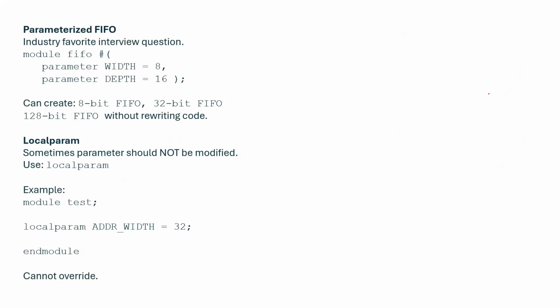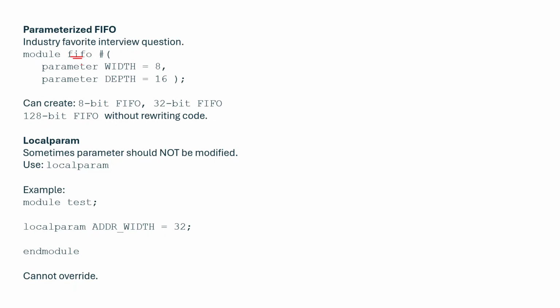In the same way for FIFO, I'm also using width and depth here. Same width and depth we are writing. Only global parameters we can override. Sometimes I'm considering local parameters also. Here we are writing the module, right?